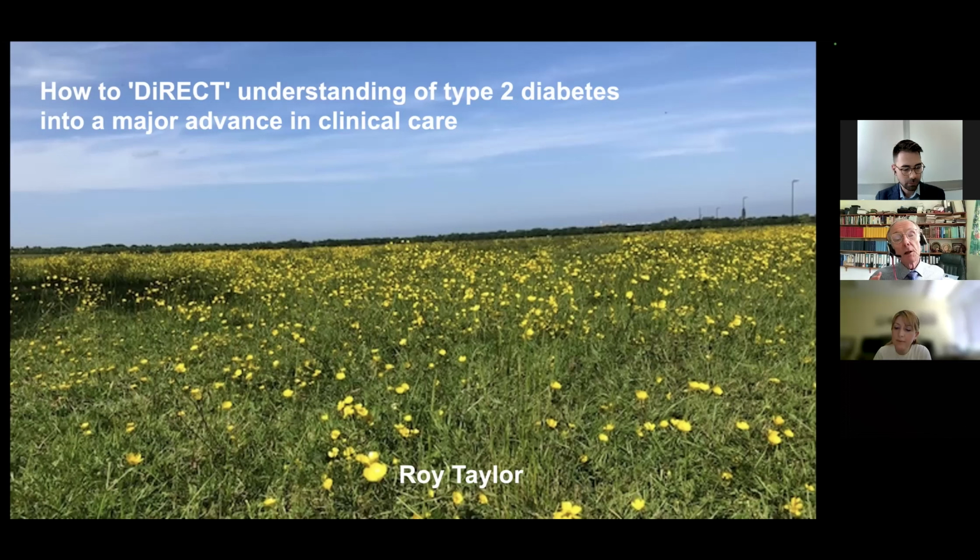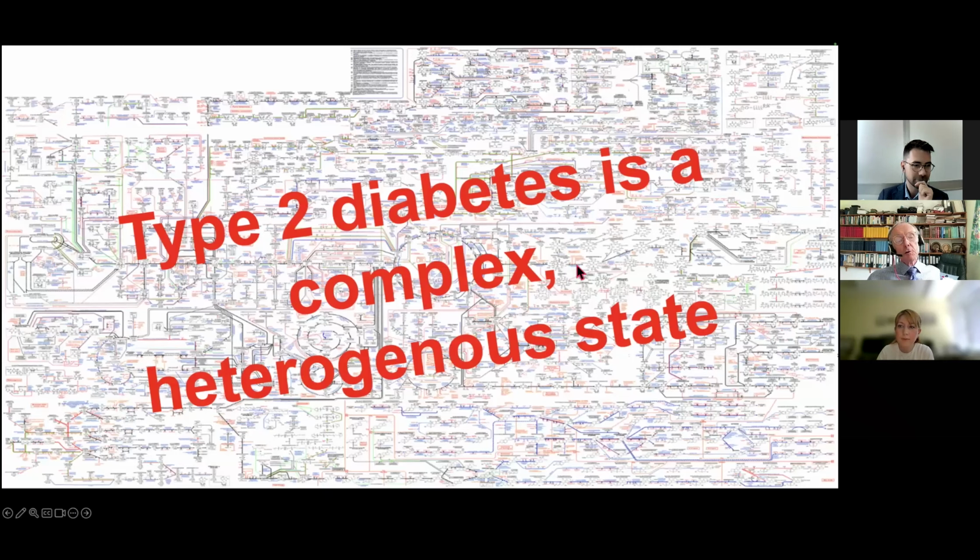But if we wind back the clock a few years, the view on the etiology of type 2 diabetes would have looked something like this. Type 2 diabetes is a complex, heterogeneous state. Now, in the background, you might recognize a metabolic map of the whole human metabolome.